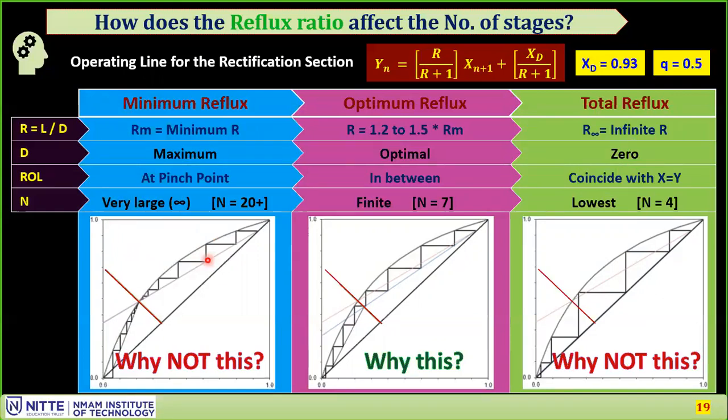So you accumulate a very high total cost in this case as well as the other case. In the in-between case, the optimal case, the cost of operating, installation and maintenance, that's the total cost, will be minimal compared to these two cases. That is why we use optimal reflux condition in the operations.